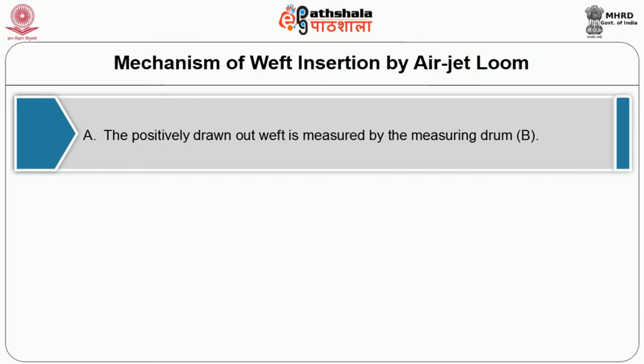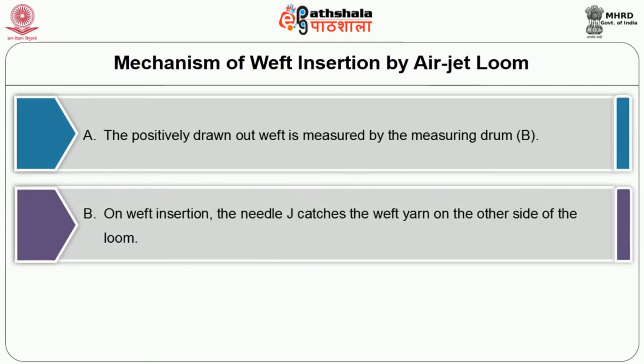In position A, the positively drawn out weft is measured by the measuring drum B. At position B, on weft insertion, the needle J catches the weft yarn on the other side of the loom.